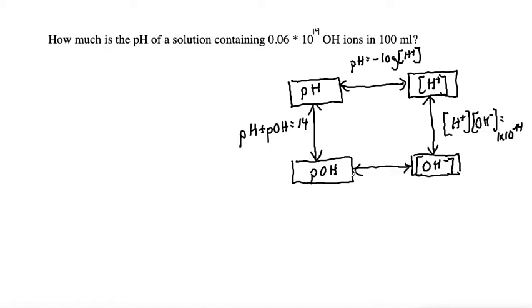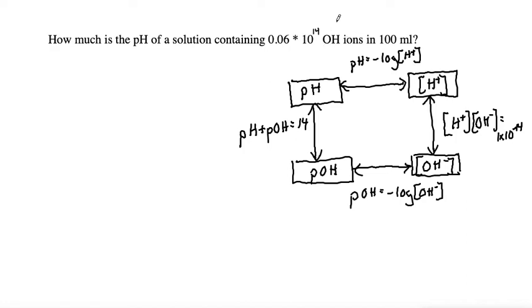Also, we have a relationship between pOH and OH⁻ that's very similar to the pH and H⁺ concentration. You just substitute OH instead of H, and pOH is equal to the negative log of the concentration of OH⁻ ions.